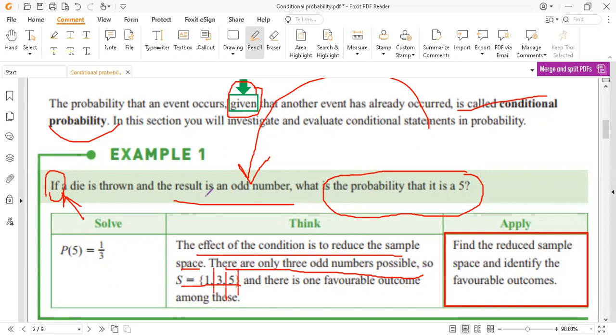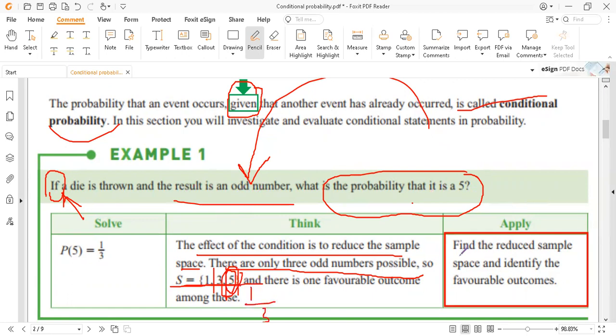When they ask us to find the probability that it is a 5: the probability of 5 is 1/6 if we are talking about normal probability without any condition. But when this probability is related to the condition that the result is an odd number, the reduced sample space contains only 3 numbers. One of these outcomes is 5, so 1 from 3.